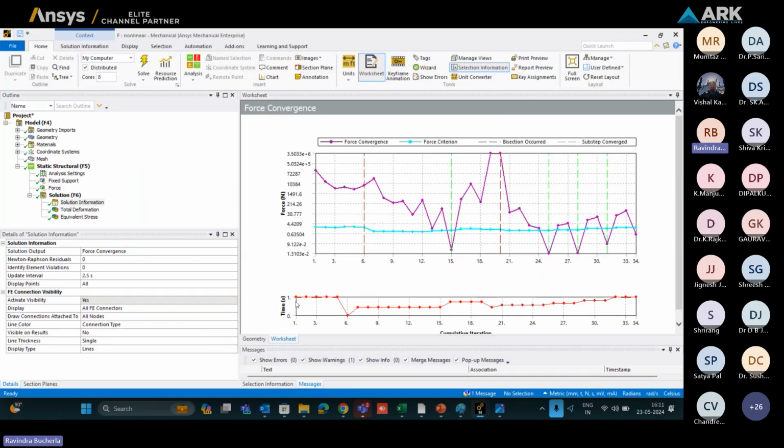So you can see, instead of going from 0 to 1, it came down to 0.5.